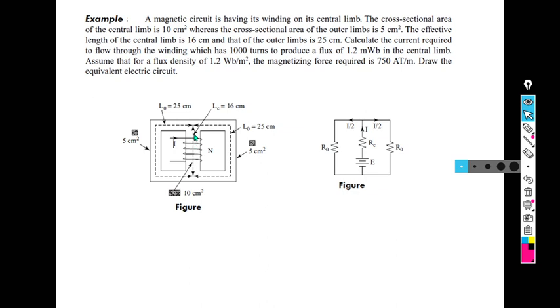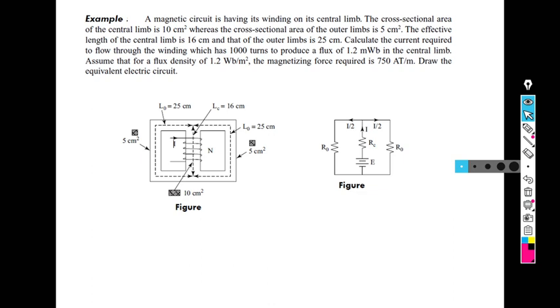So the flux flowing through this path is 1.2 milliweber. Now the flux will be divided, right? The flux which is produced here is divided. So this is a parallel circuit.